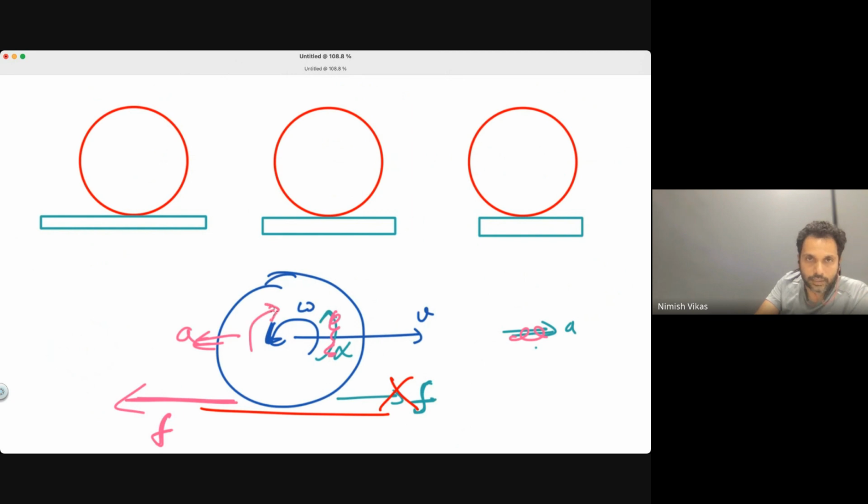Ultimately, in my head, I'm imagining that everything is forward. And it is trying to achieve a pure rolling situation. Is that clear? So friction is always a double boon.